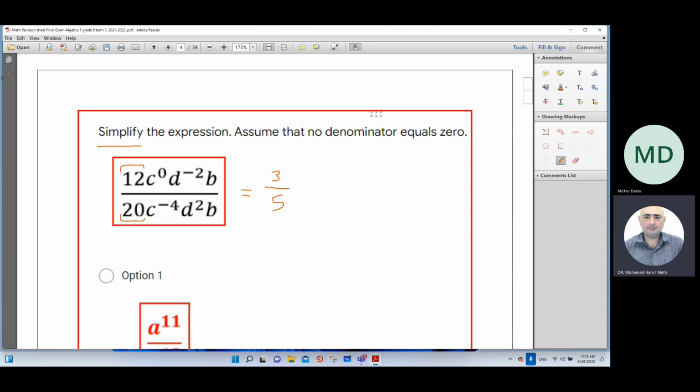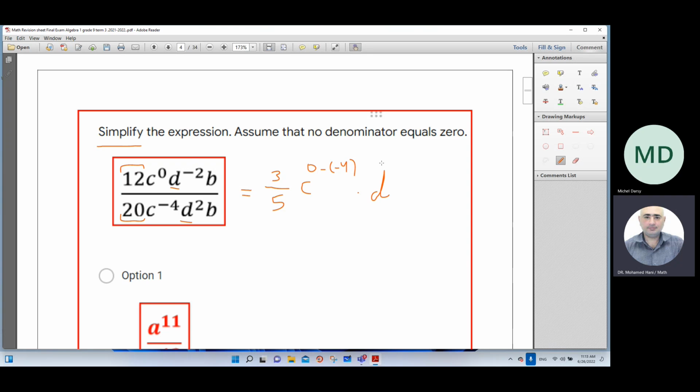Then here you have c to the power 0, minus, use the rule here because you have c up and c down, so minus 4. Then the same idea, here you have d, and down you have d, so we can write times d.